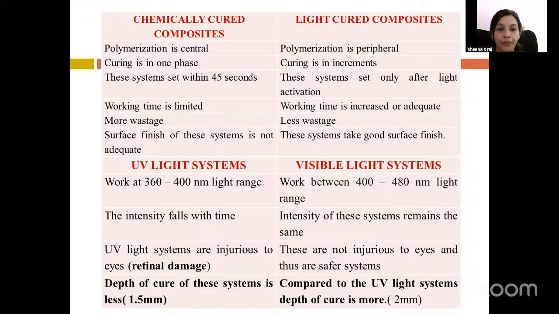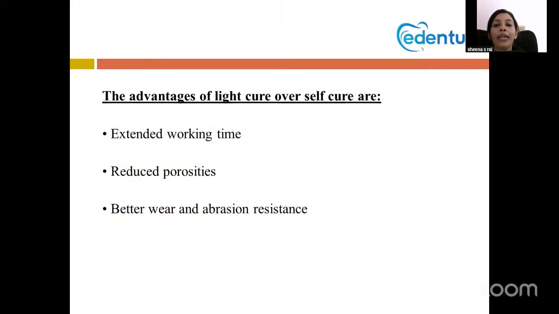What is the advantage of light cure over self cure? It has an extended working time, reduced porosity, and better wear and abrasion resistance. That is why light cure composites are better than self cure. It gives time for the working to take place, right?